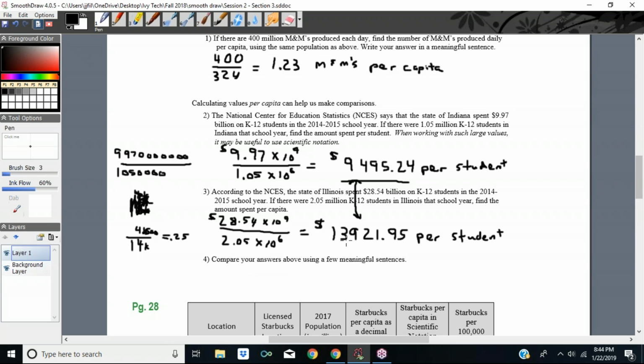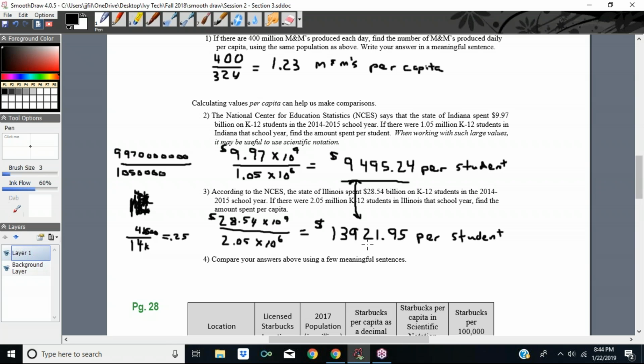So we could bring it further and do a part to whole. The part that was different was the 4,500 to the whole 14,000 in Illinois. And we could say that Illinois spent about 25% more per student than Indiana did in K-12 from the 2014-15 school year.